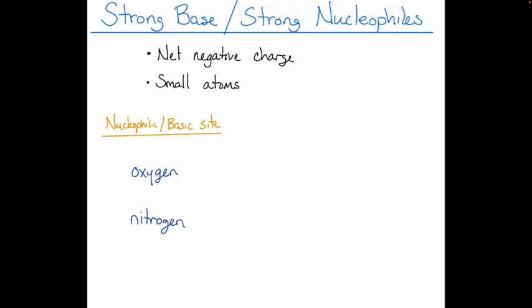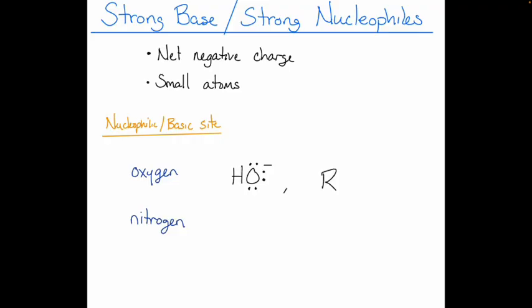So a quintessential example of a strong base, strong nucleophile is the hydroxide ion. We know hydroxide's a good base. It's also got that net negative charge. It can play the role of a nucleophile very well as well.